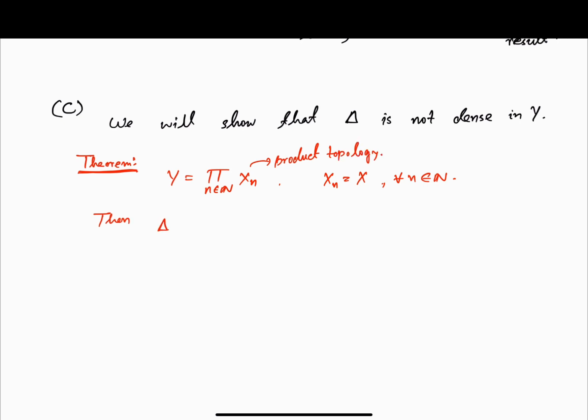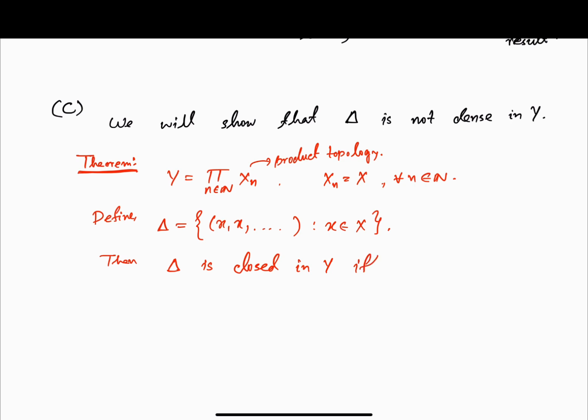Then let's define first, as earlier defined, the diagonal delta. Then delta is closed in Y if and only if this X is Hausdorff.